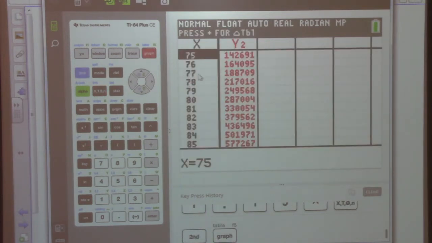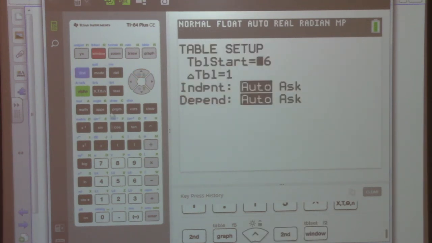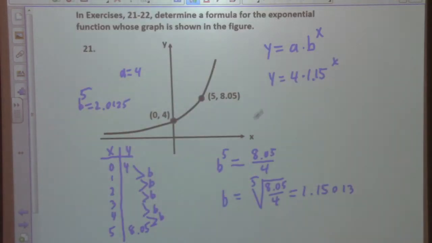We should see pretty, whoa, that's not what we want. Let me go to table, start at 0. There we go. Yeah, so almost 8.05 at 5, right? So that's going to be our answer to this question.